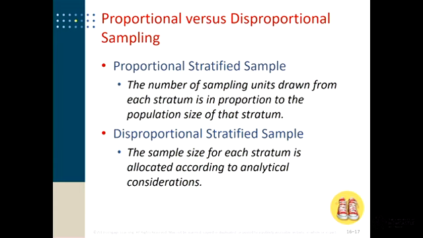Now you can say, well, why may we go for disproportional stratified sampling? Let's say your population is 50-50 male and female, but in your sample it is 60-40. Why do you think we may go for this disproportional stratified sampling? Because that's not representing our population.